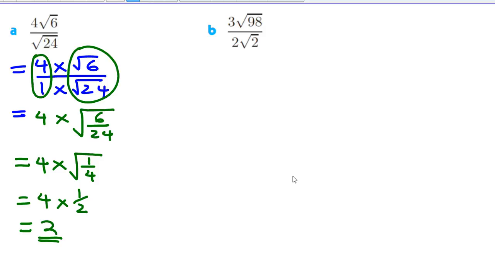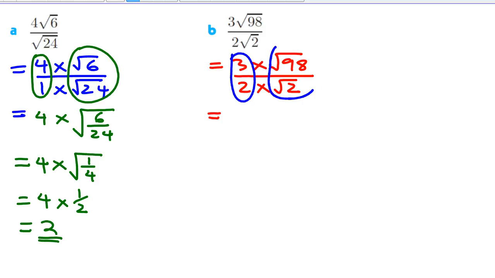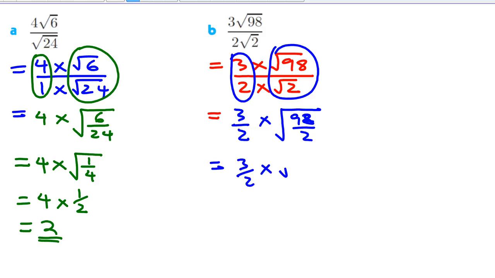In B, I'll do the same thing. Just expand and include those fractions the way I've done in the previous questions. So 3 multiplied by square root of 98 over 2 multiplied by square root of 2, which will give me, now I can start by putting these numbers together. So I'll end up with 3 over 2 multiplied by square root of 98 over 2, which will give me 3 over 2 multiplied by square root of 49, because 98 divided by 2 is 49.